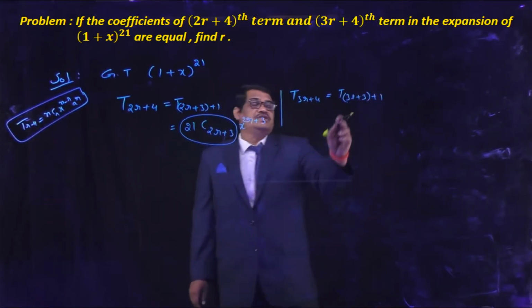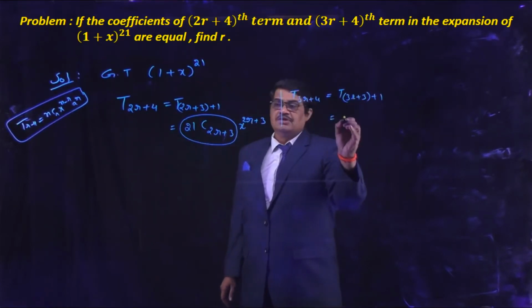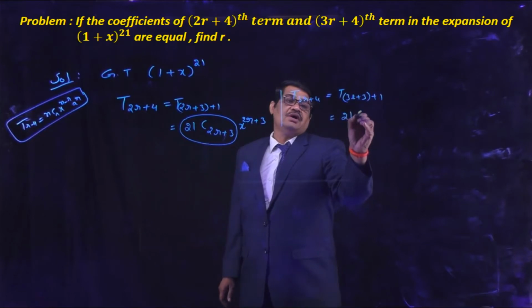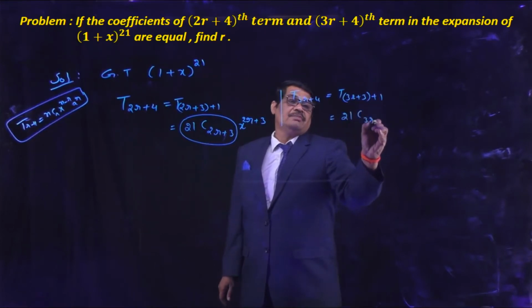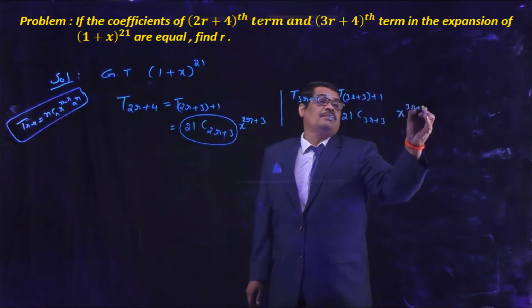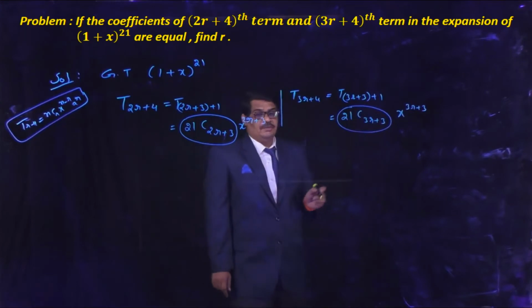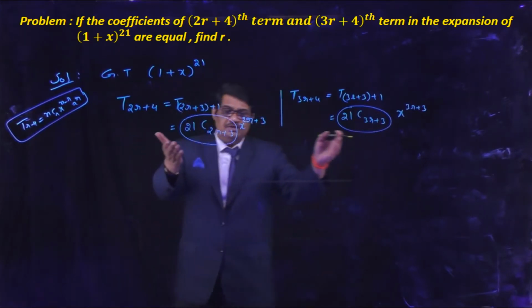Now here, what is r? r is 3r+3. So what is here? nCr, where r is 3r+3, and x to the power of 3r+3. Here the coefficient is 21C(3r+3). These coefficients are equal.